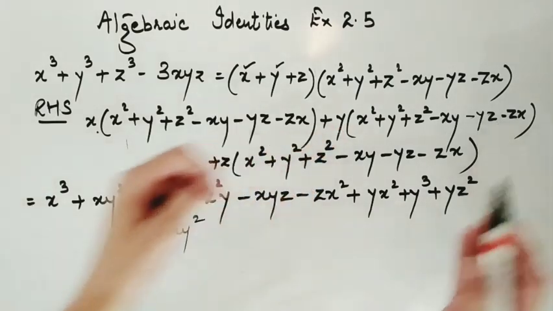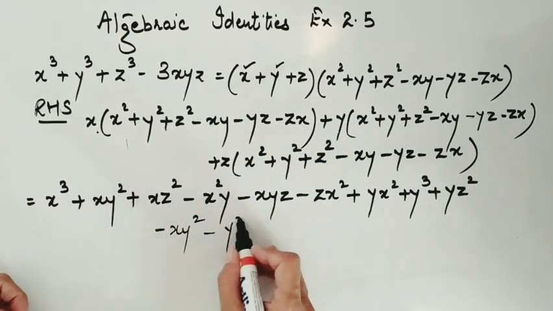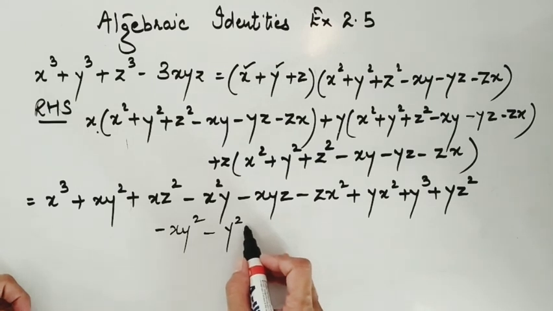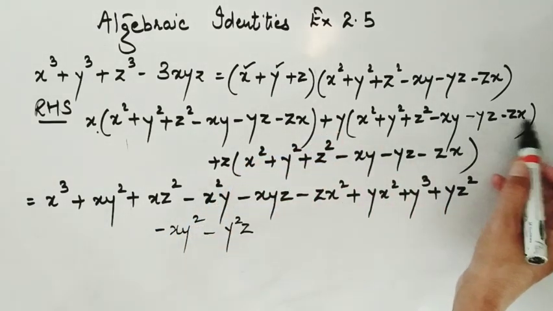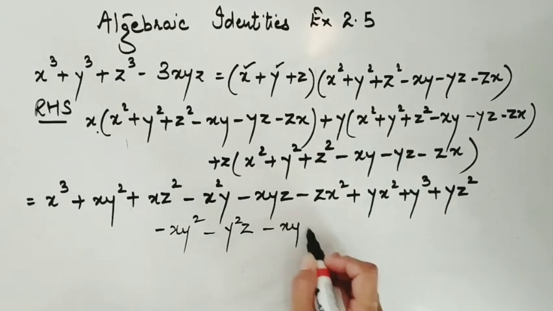Y into yz with negative would be y square z, and y into zx would be xyz.